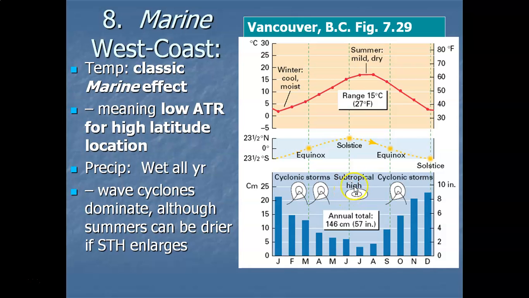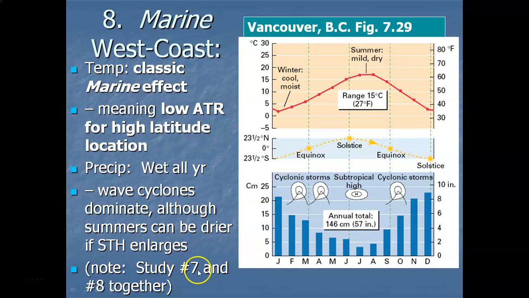If the subtropical high really enlarges, and in this case it would be the Hawaiian high, it'll enlarge further north to this latitude range and block the wave cyclones from coming through, moving them northward. So you tend to have a drier season in those years when the subtropical high enlarges. And so you get high annual totals.